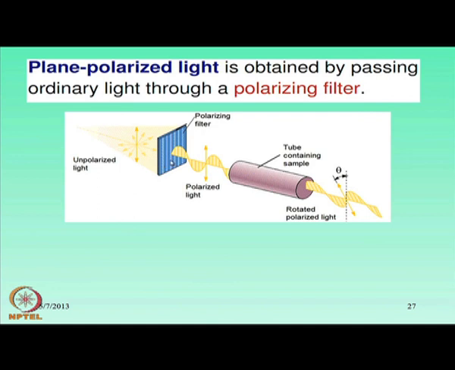And if we pass it through the polarizing filter, which has a grid-like arrangement, it will only pass plane polarized light, that means light in one direction only.